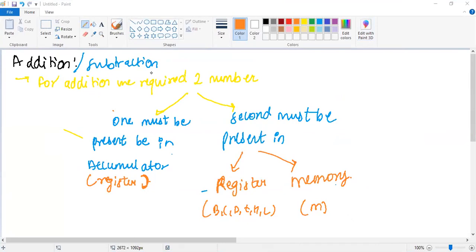So this is the important concept you must keep in your mind. For addition, one number must be present in your accumulator and the second number might be present anywhere, either in a register or in memory.